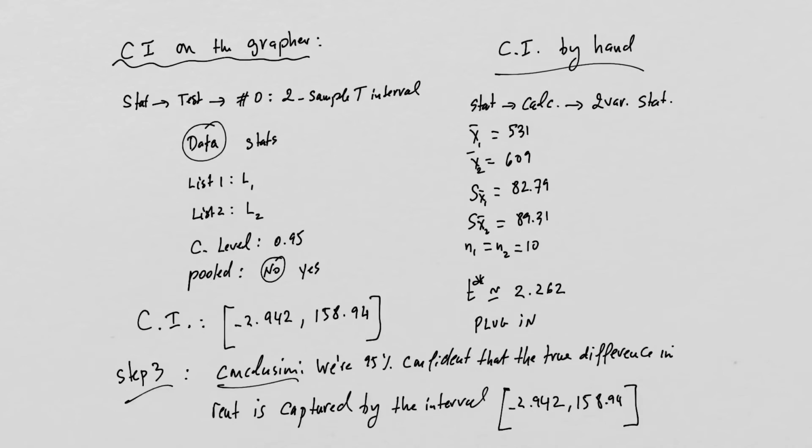So the conclusion, which is your last step, should say step 4. The last step is to draw the conclusion in the context of the problem. And the way you say it is this way. We are 95% confident that the true difference, that means mu1 minus mu2, in rent between the 2 and the 1-bedroom apartments is captured by this interval, okay?